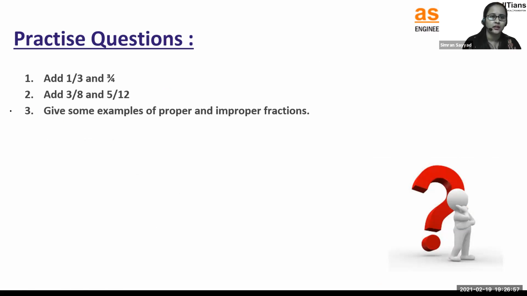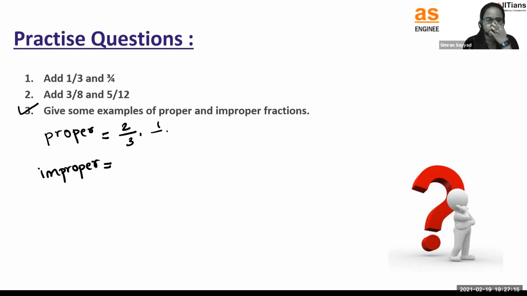Okay, so let's do question number 3 first. You guys are going to give me some really very good examples of proper and improper fractions. Who's going to tell me first? Okay, very good.